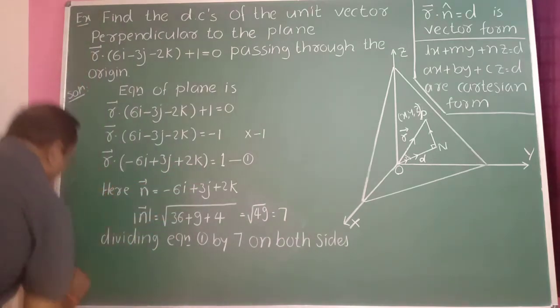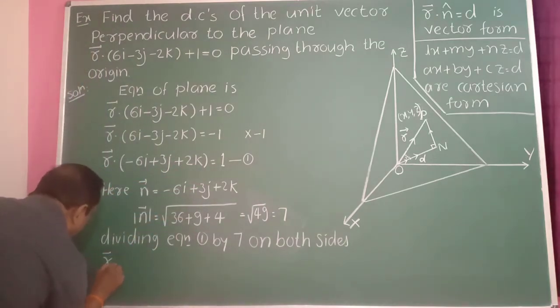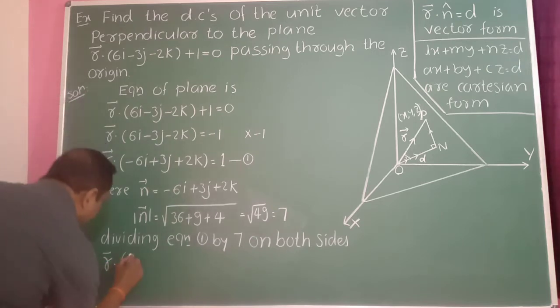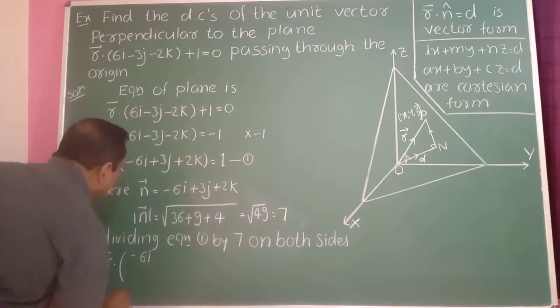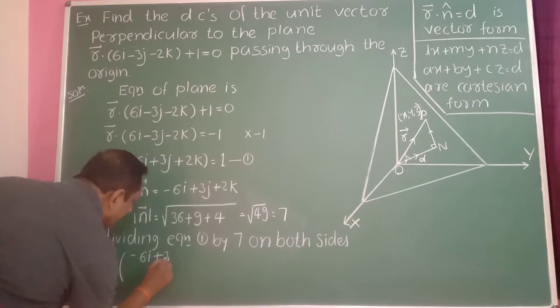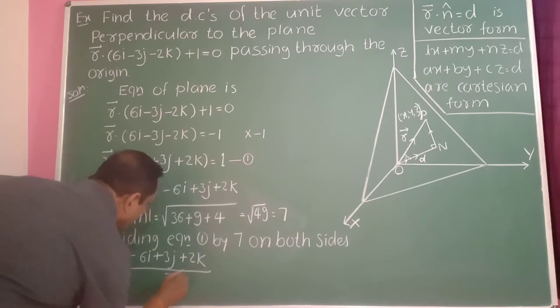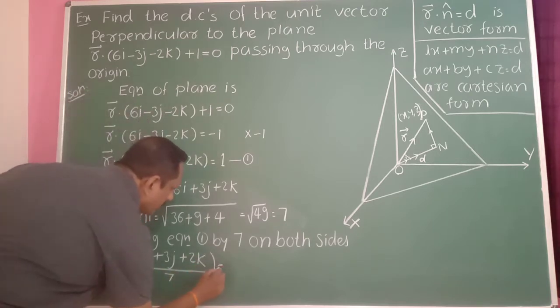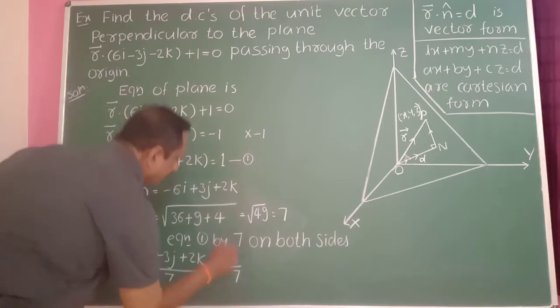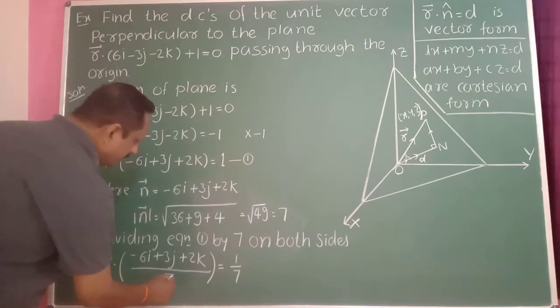So r bar dot of (minus 6i plus 3j plus 2k) divided by 7 is equal to 1 divided by 7.